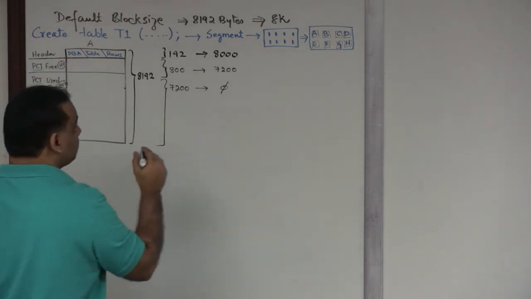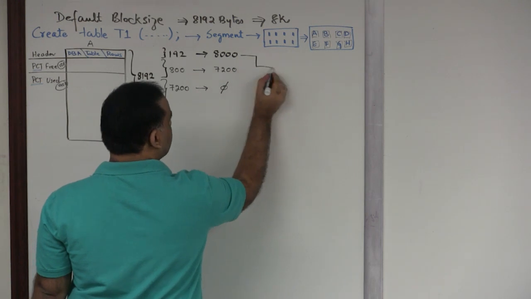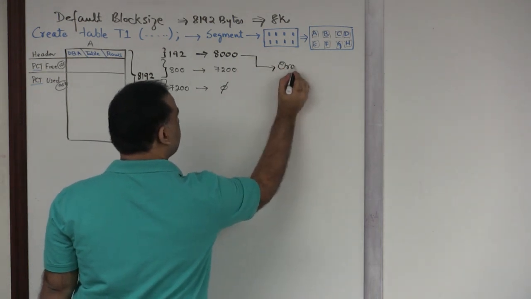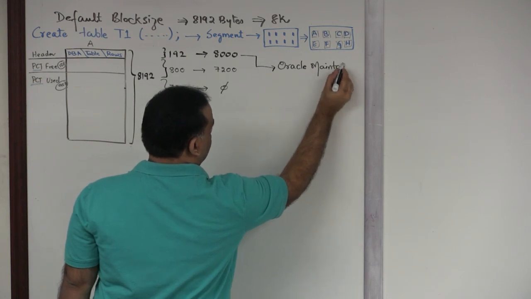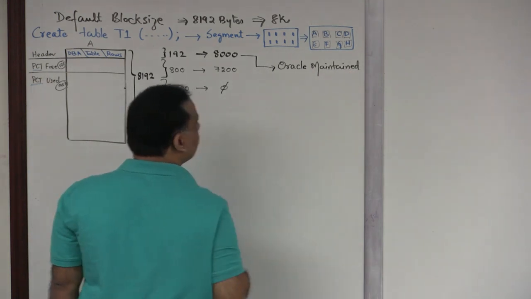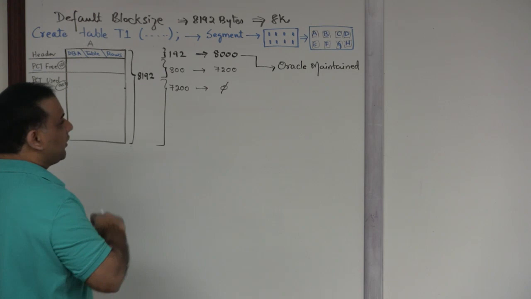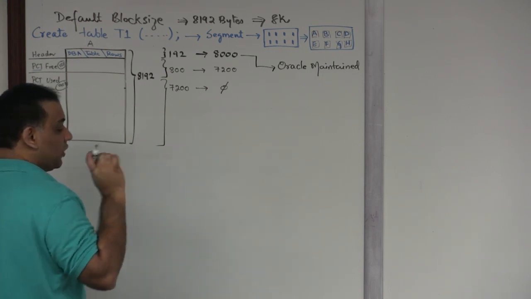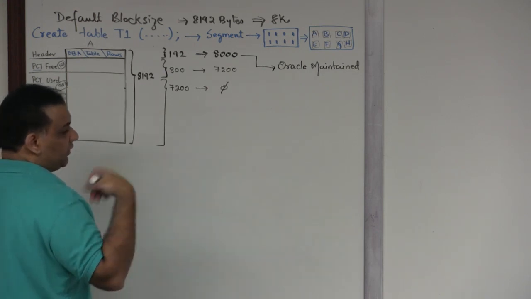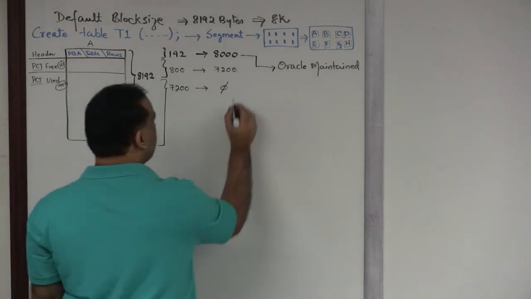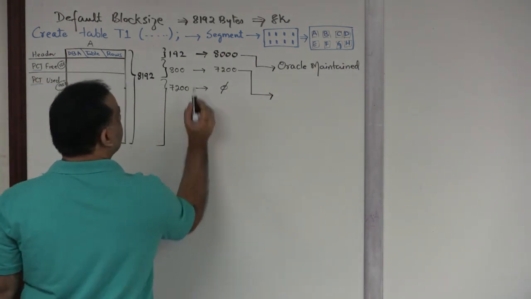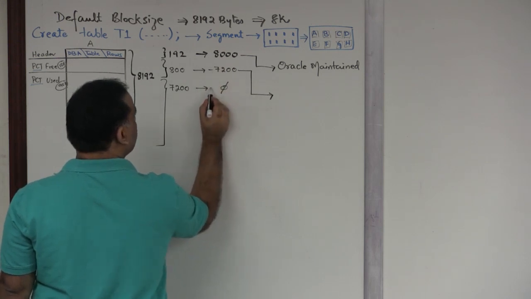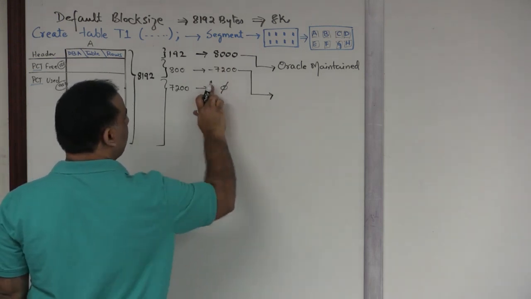Now, this is Oracle maintained. So basically it's the header part. Oracle is doing whatever magic it needs to do so that it is writing, keeping track of, and retrieving the information, and so on. So I have 8000 minus 7200, and then we have 0 bytes in here.